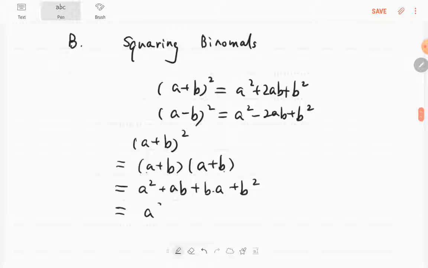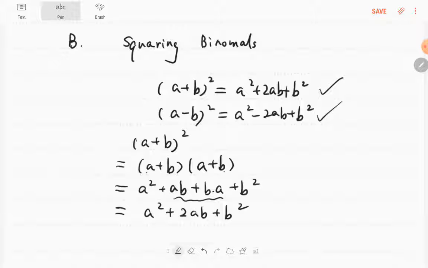After we combine the like terms, ab and ba are just the same thing. So we will have a squared plus 2ab plus b squared. We actually only have 3 terms. We only have 3 terms for the squared binomials. So that's how we get the formula. We can also use the same method to get the second one.